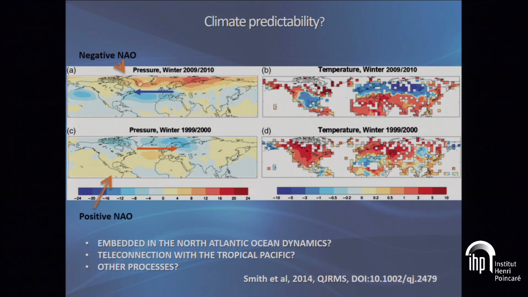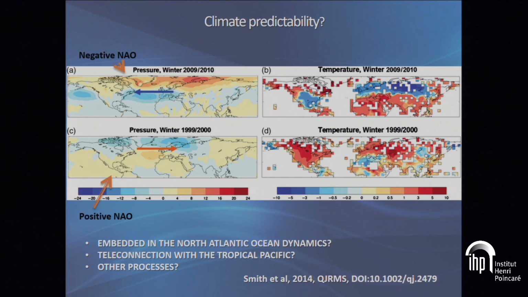This is a pressure field associated to a negative NAO index for one specific winter season. And what you have here is also the corresponding temperature field. These are temperature anomalies. And what you can see is that you have zones where you have quite cold anomalies, and other zones where the weather is, well, the climatology is milder.